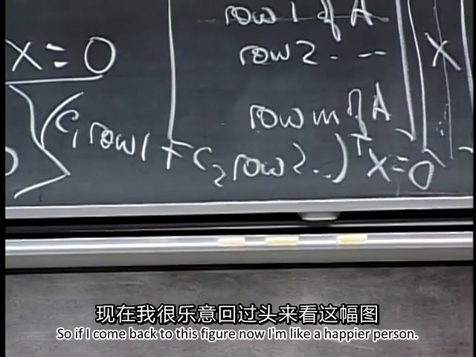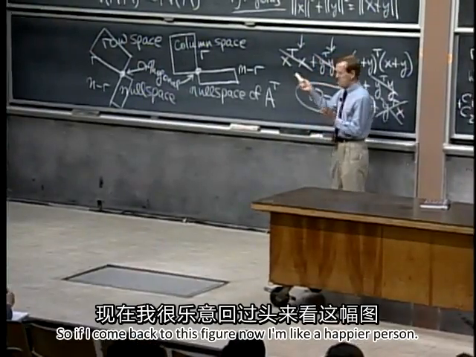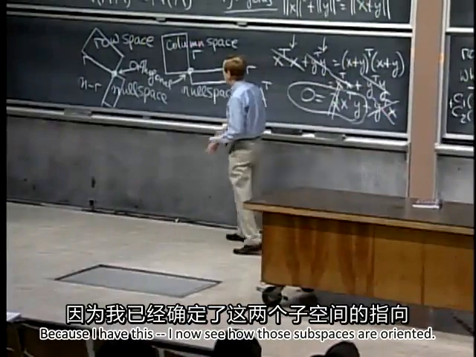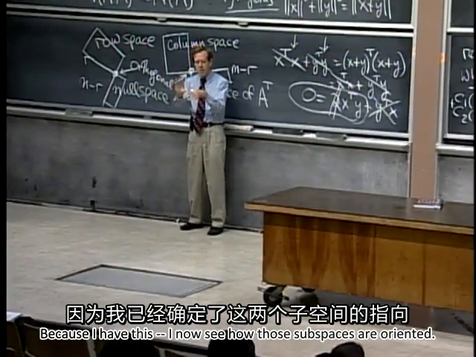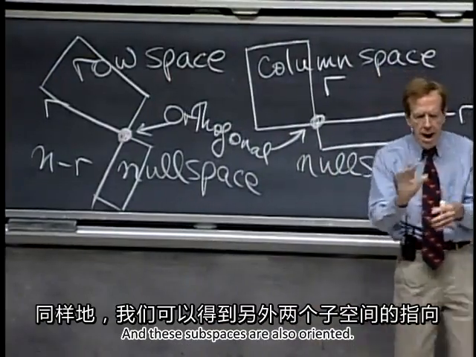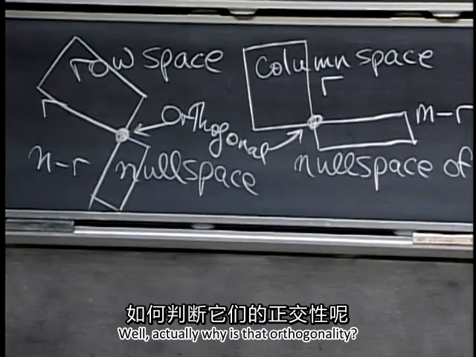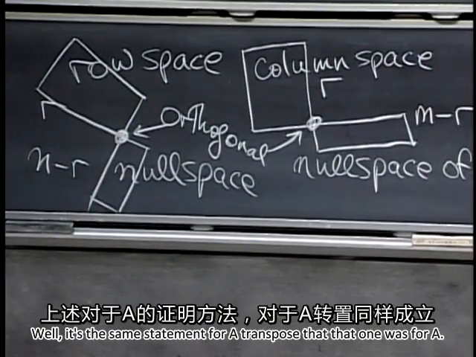So, if I come back to this figure now, I'm a happier person because I now see how those subspaces are oriented. And these subspaces are also oriented. Well, actually, why is that orthogonality?